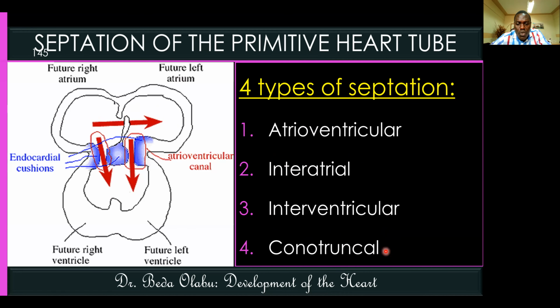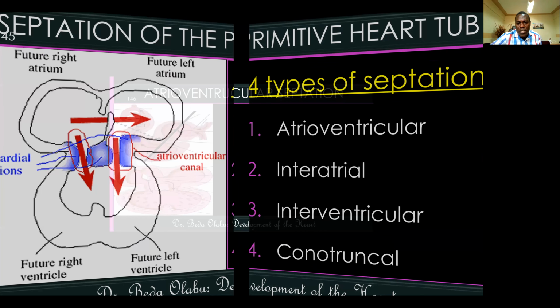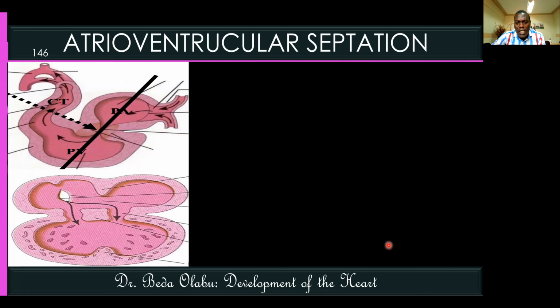And when you talk of conotruncal septation, it means you want to separate the upper parts of the two ventricles together with the outflow tracts from the heart, which are pulmonary trunk and the aorta. Conotruncal septation. Let's see how those different types of septations take place.